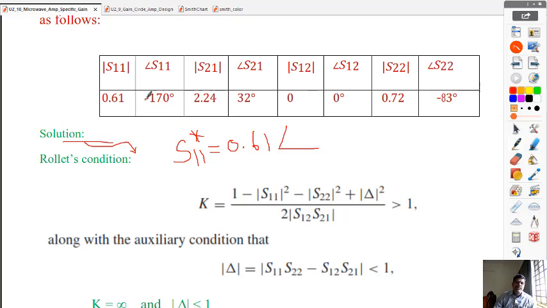Now we have to invert the sign of the angle. Now it becomes positive 170 degrees. So the complex conjugate of S11 has the same amplitude 0.61, and the angle with the sign inverted will be 170 degrees.